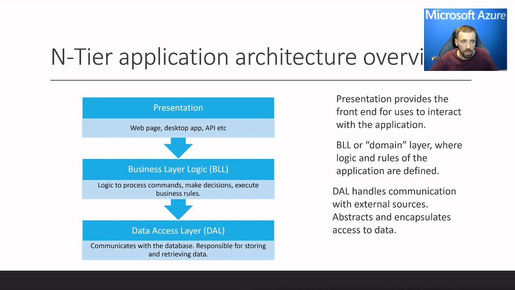We then have the business logic layer, and this is the logic to process commands, make decisions, execute business rules, and this is the second layer. Then we have the data access layer, and this communicates with the database responsible for storing and retrieving data. So the presentation layer is dependent on the business logic layer, and then that is dependent on the data access layer.